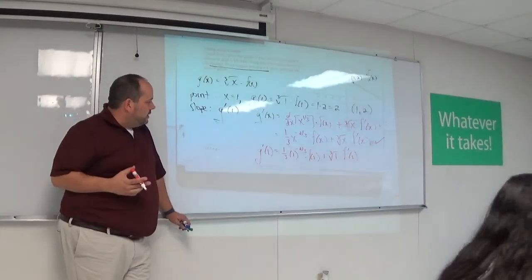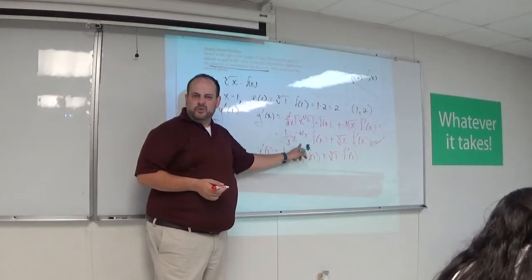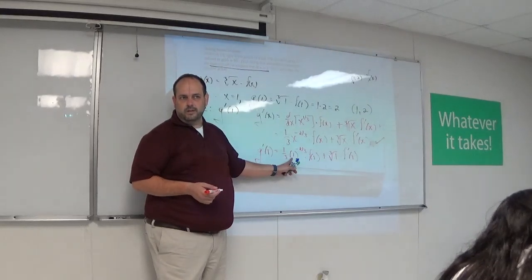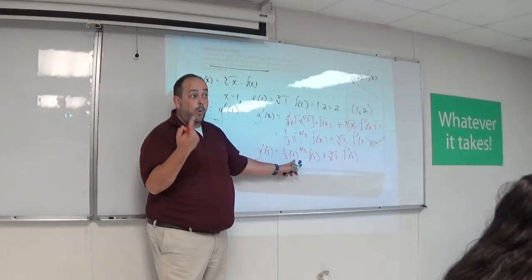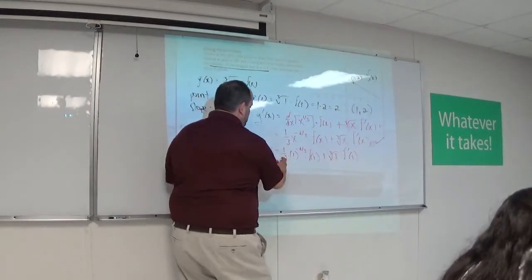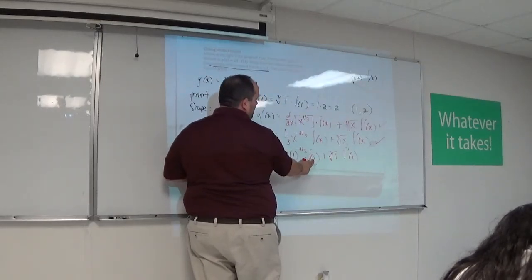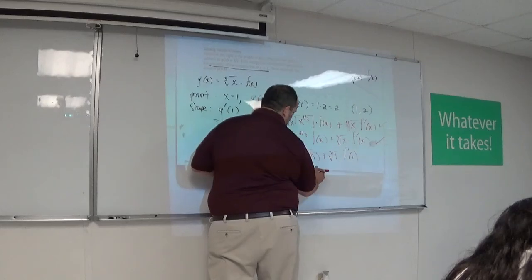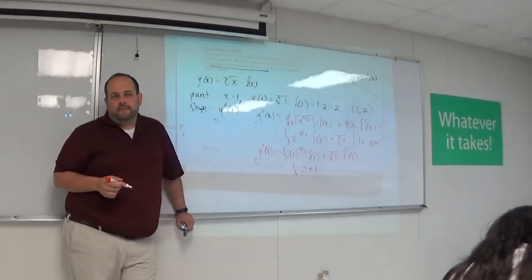And let's see, what do we know? 1 to the negative 2/3 is 1. 1 to any power is 1. 1/3 times 1 is a third. F of 1, you told me, is 2. Cube root of 1 is 1. F prime of 1?